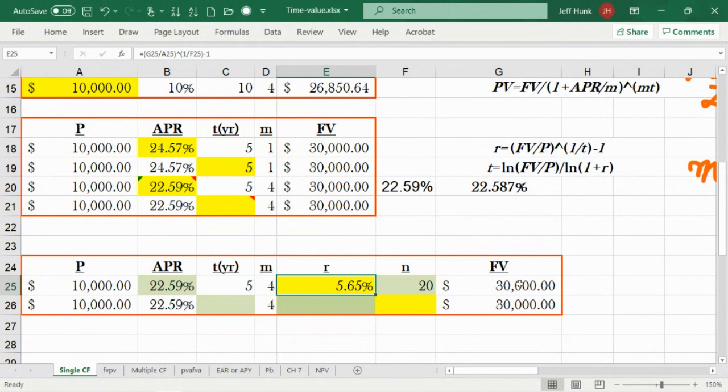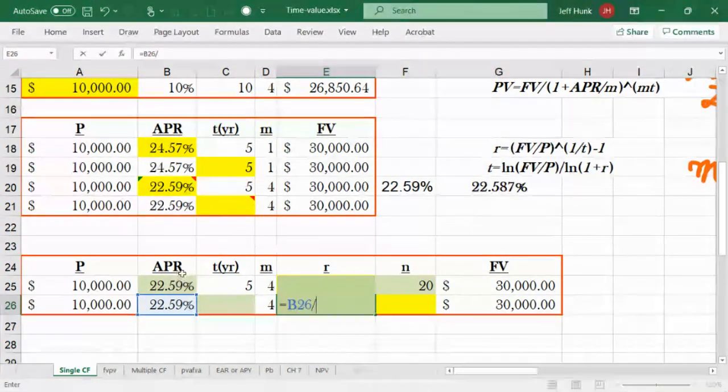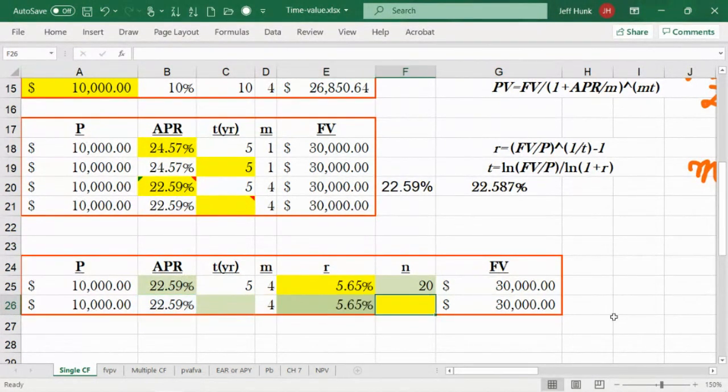In APR, it's only 22.59, which is less than 24.57 under just annual compounding. The periodic rate, we already know it's 5 point something, but given the APR, we can find it, and it's going to be 5.65.